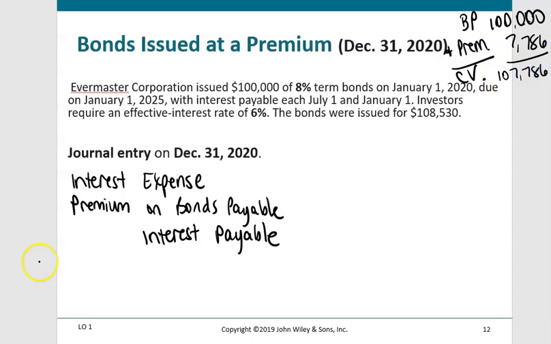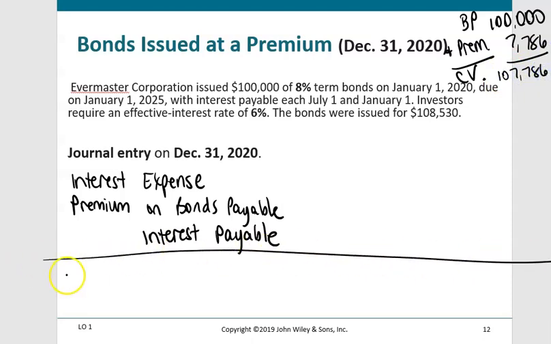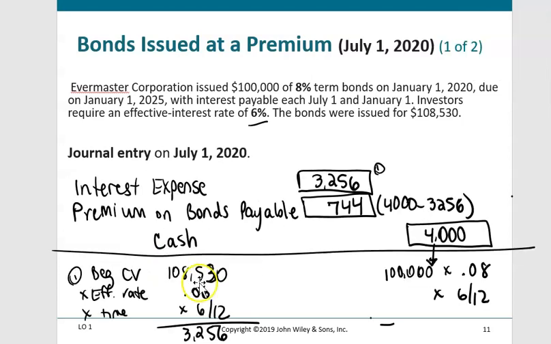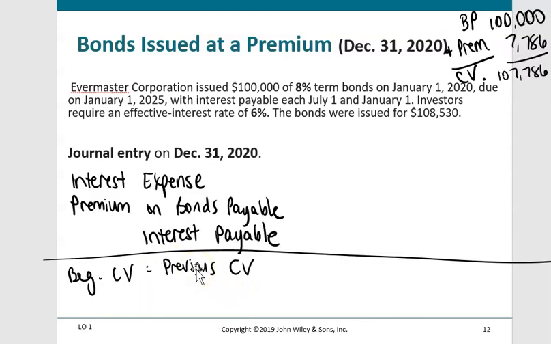Now, another way to calculate that, another way of finding the beginning carrying value for this period since our last journal entry was booked, so beginning for December 31st, we can take the previous carrying value, which is what we had here, 108,530, and from that we subtract the premium amortization that we recorded on July 1st.